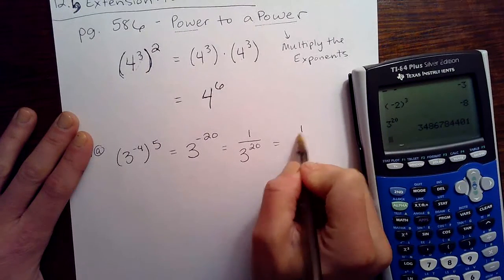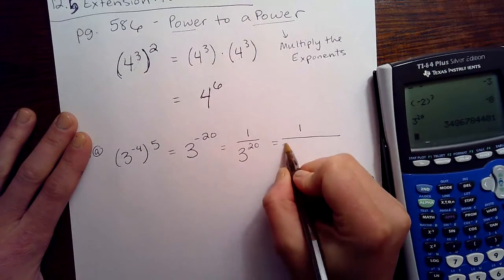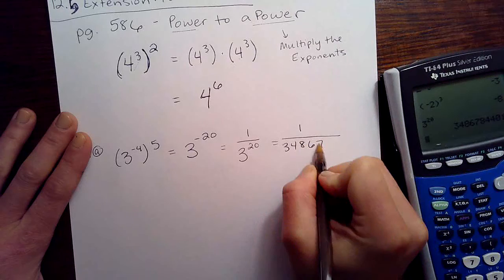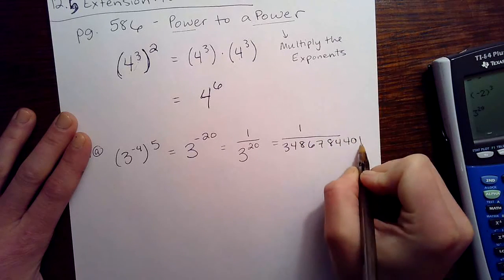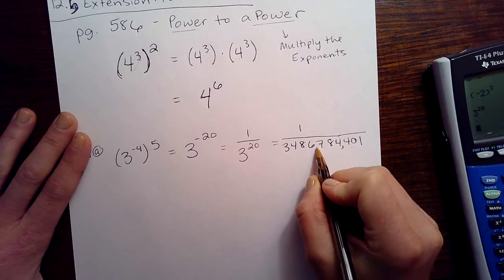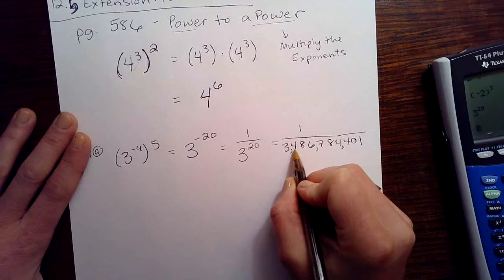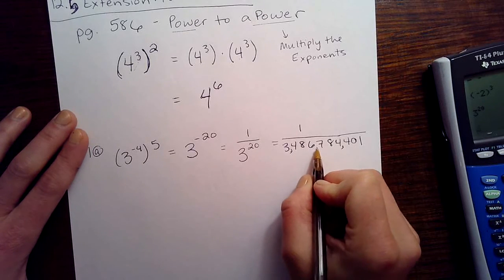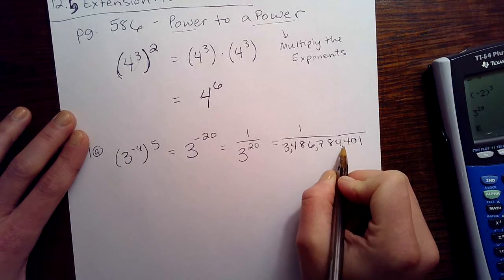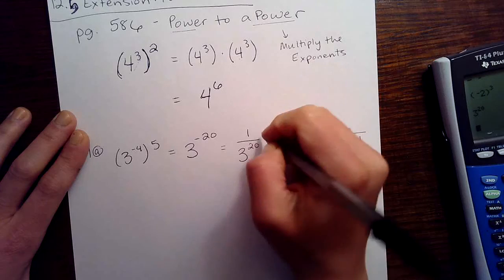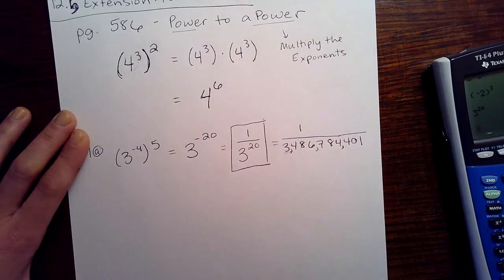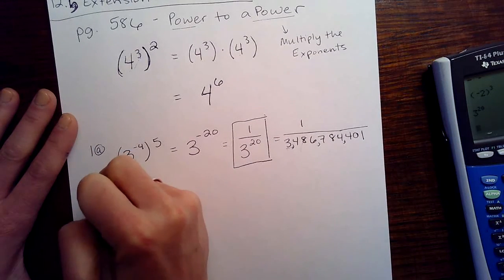This is 1 over 3,486,784,401. Or we can simply leave it as 1 over 3 to the 20th and keep our lives nice and simple.